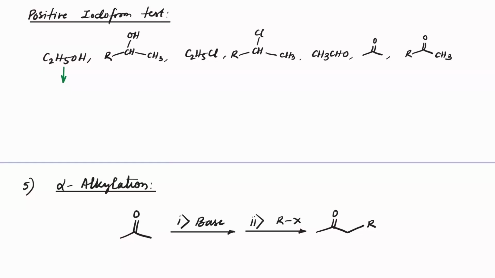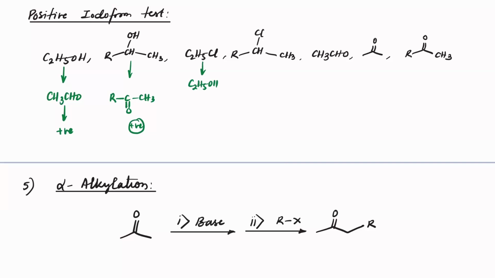Next, check out this: ethanol can easily convert into acetaldehyde, and acetaldehyde will give you a positive test. Here, this will also convert into a ketone, and that ketone will give a positive test. Here also, first ethyl chloride will convert into ethanol because you are treating it with NaOH.